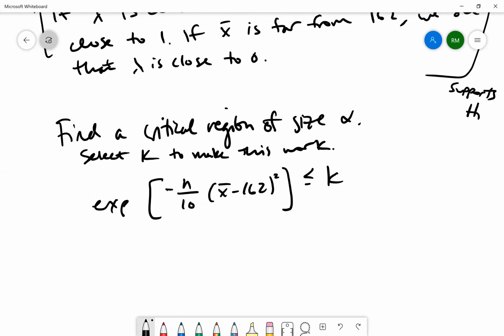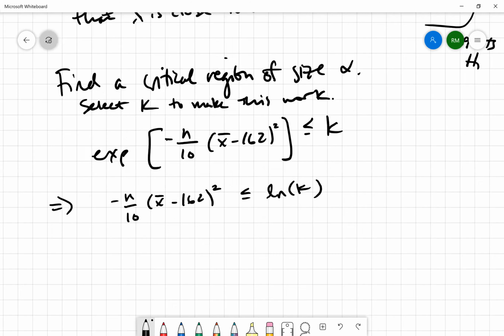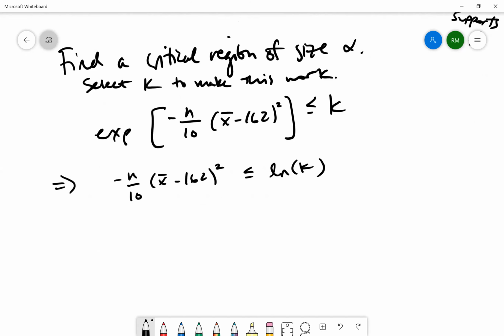So we take the natural log of both sides. We multiply both sides by 10 over negative n, and that switches the order of the inequality.